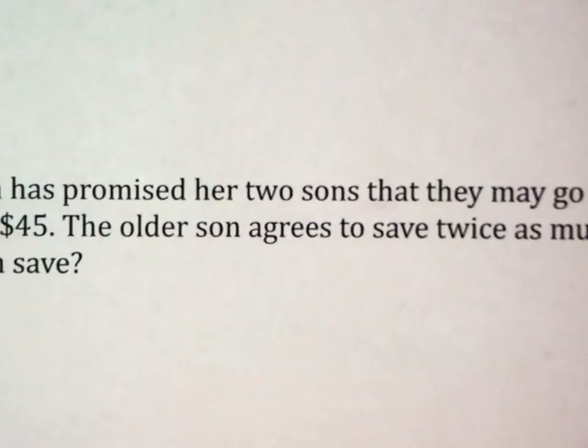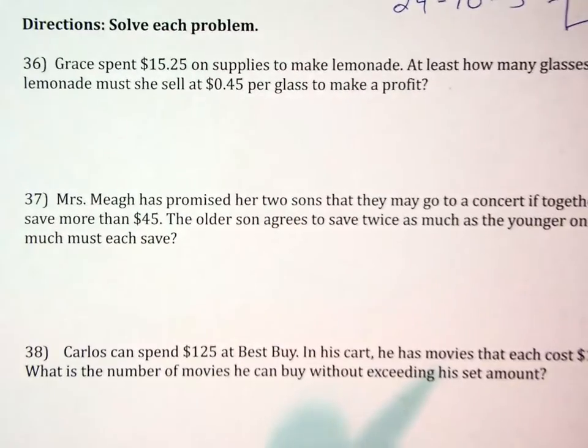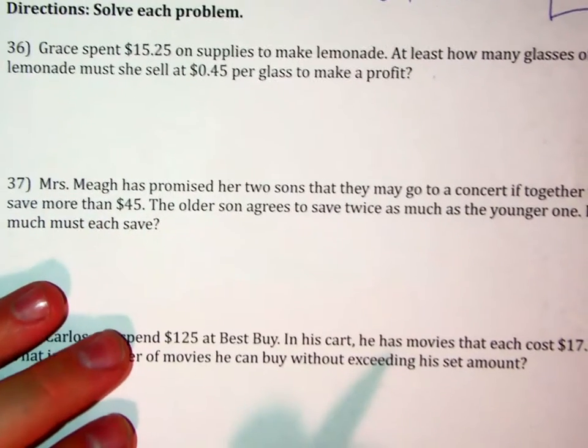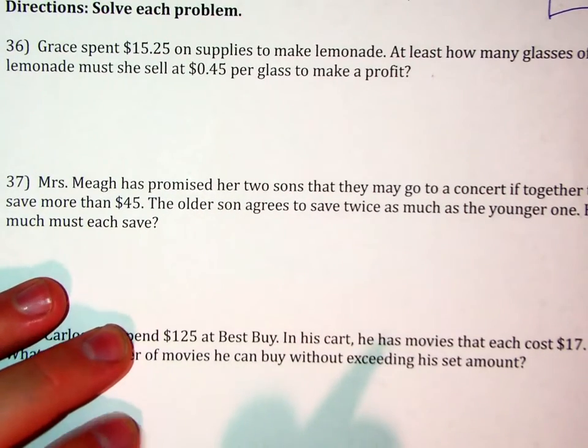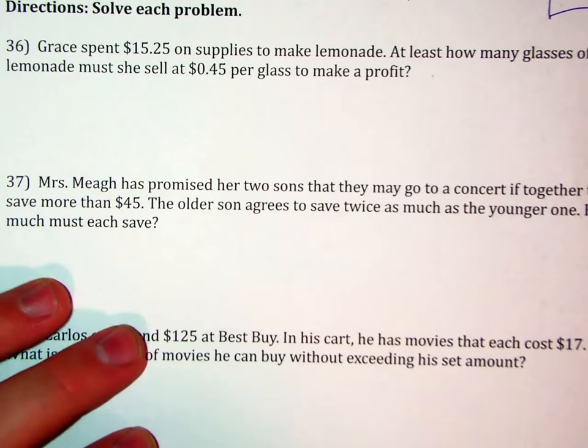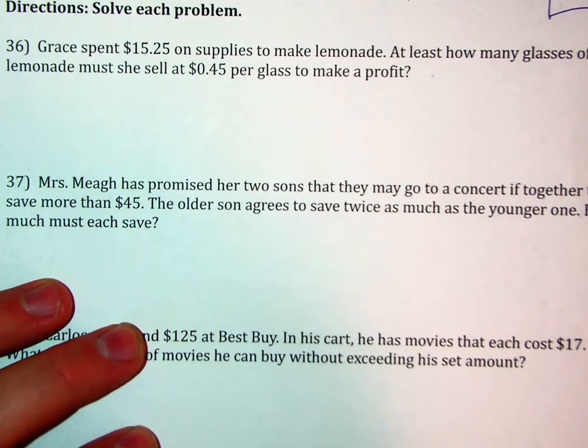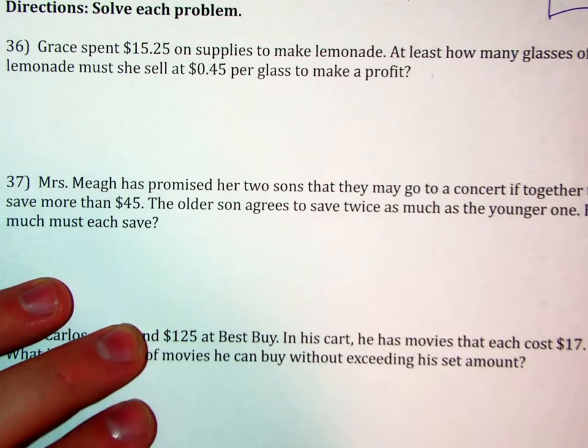Zoom out again so you can see some of these word problems. Grace spends $15.25 on supplies to make lemonade. At least how many glasses of lemonade must she sell at 45 cents per glass to make a profit?